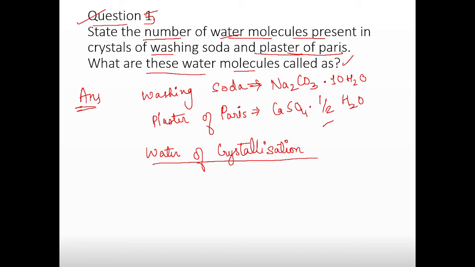That is 5 questions have been completed, and I hope each question is very clear to you, either it be litmus, pH, milk's pH, curd's pH, how it is converted, the number of water molecules of crystals of washing soda, plaster of Paris, what they are called, etc. So all these things sum up today's session.